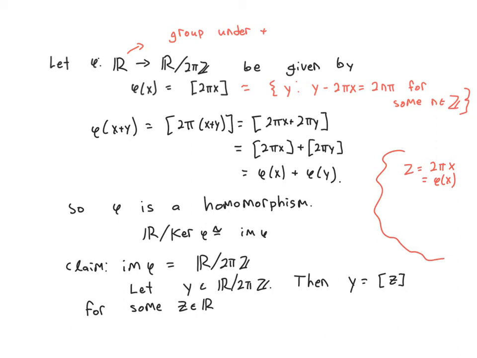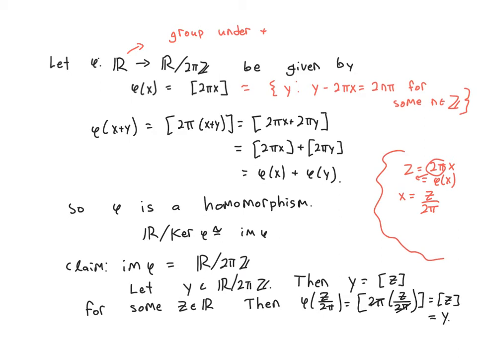So what x should we pick? We'll divide both sides by 2 pi, and we see x should be chosen to be z over 2 pi. So let's try that choice. Phi of z over 2 pi is the equivalence class of 2 pi times z over 2 pi. We get cancellation and we get z. We get y. So congratulations, this is surjective.